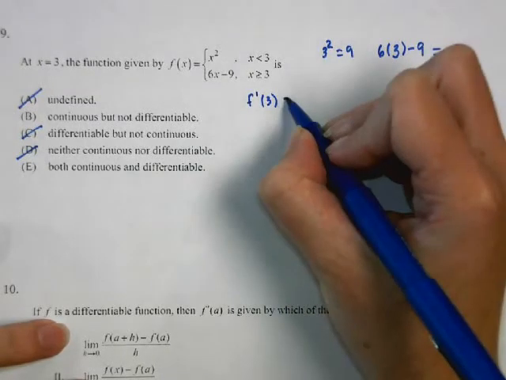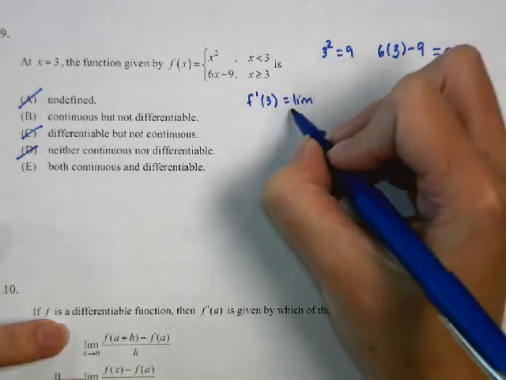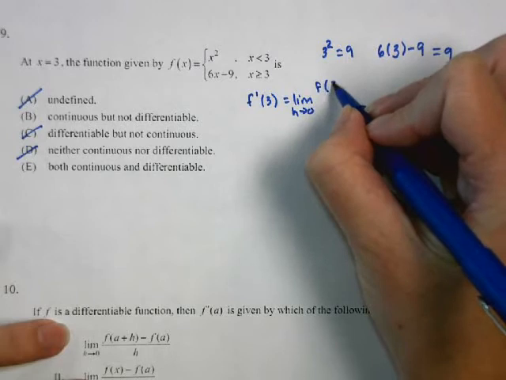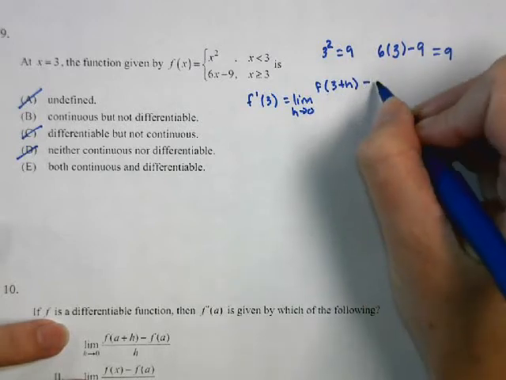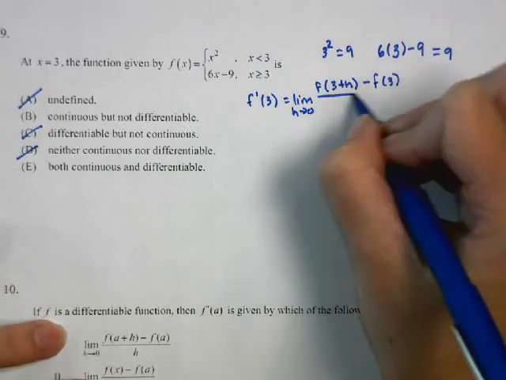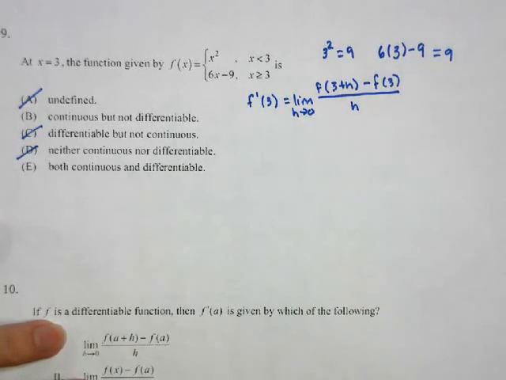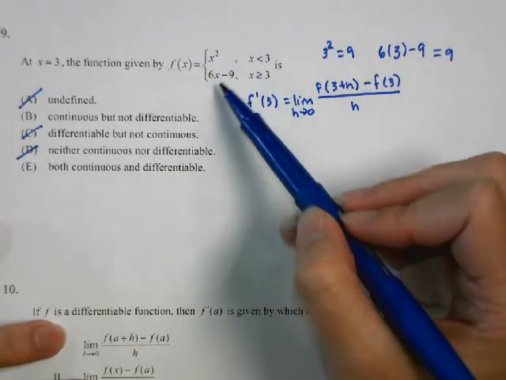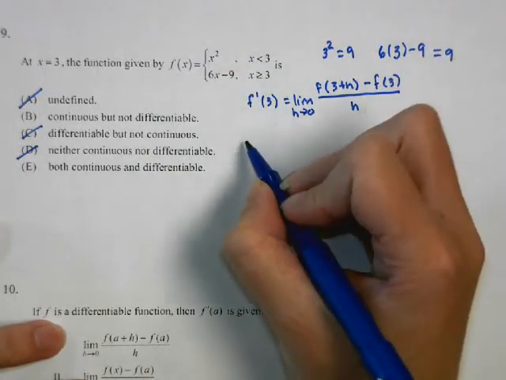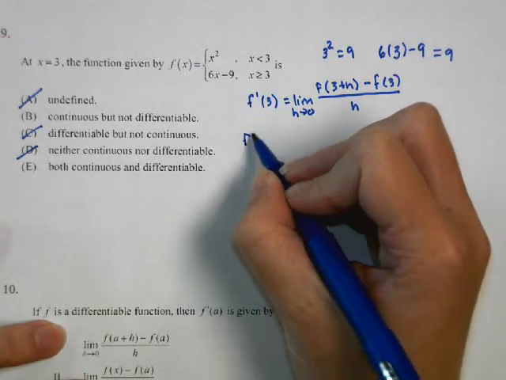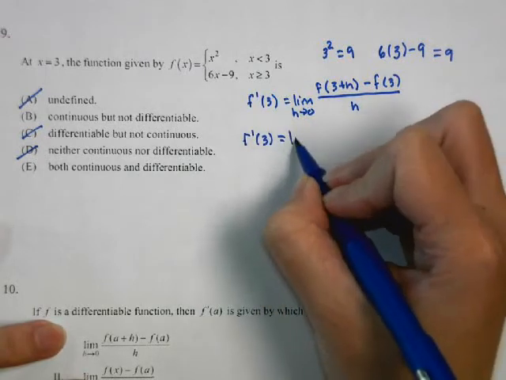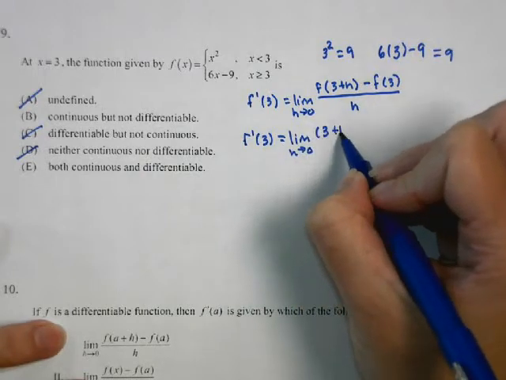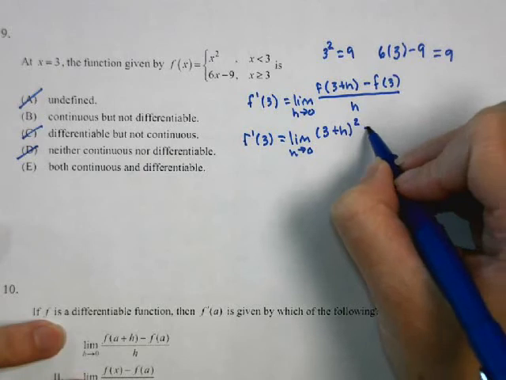So I'm going to look at the limit as h goes to 0 of f of 3 plus h minus f of 3 over h. And we're going to do that in both of these equations. So I'm going to start with the x squared. So that's going to be (3 plus h) squared minus 9.